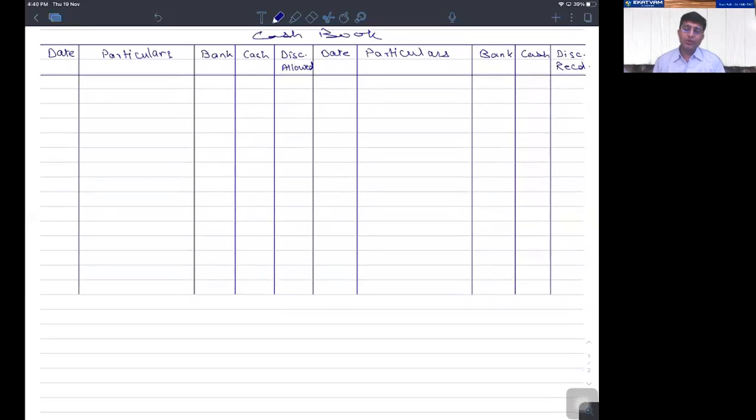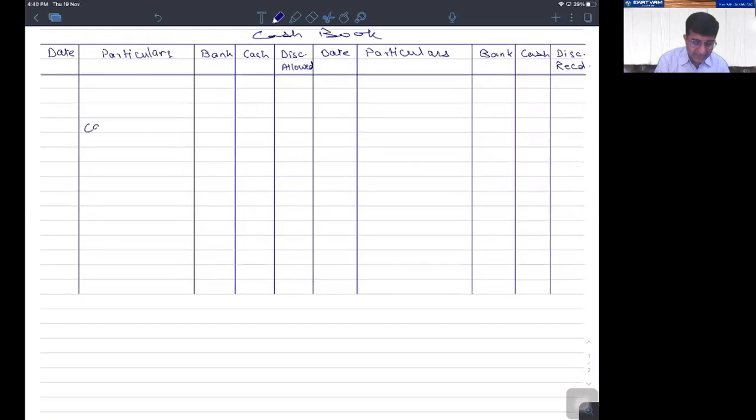Now, what are we going to record in this and how are we going to do the posting? I'm just trying to present it once again. On the debit side of the cash book, I'm going to record the cash receipts. Why cash receipts? Because the rule is debit what comes in.